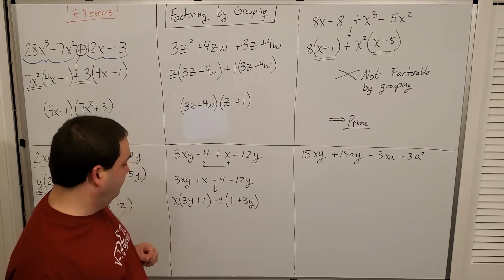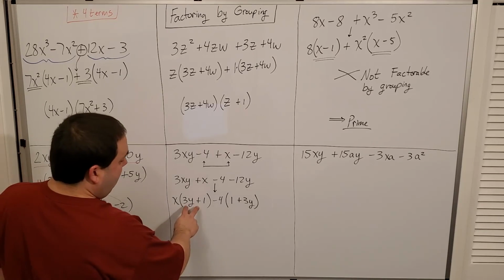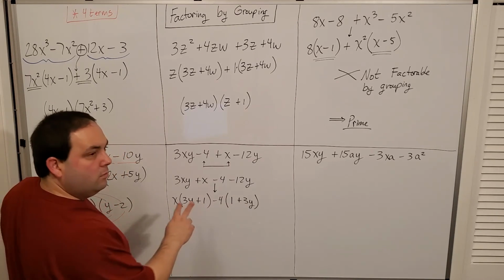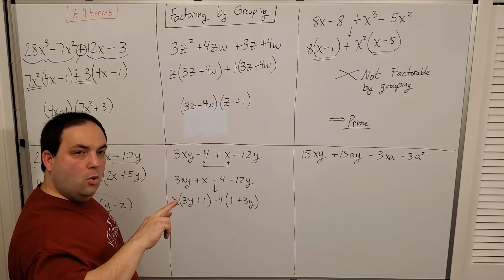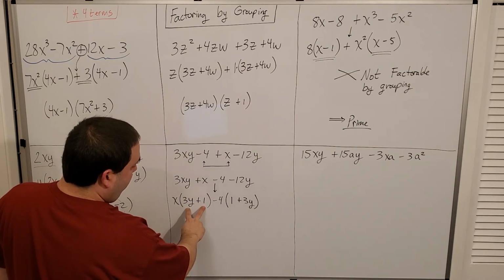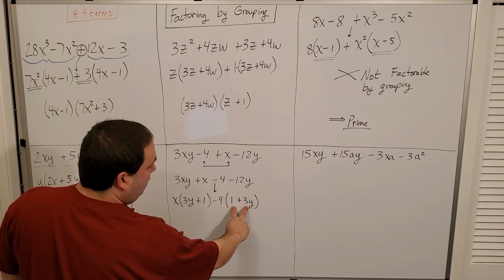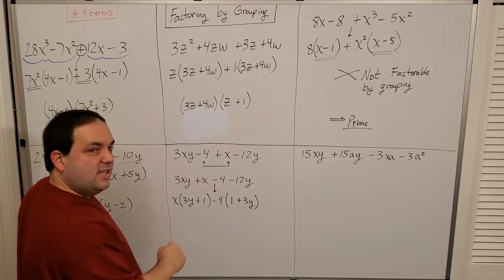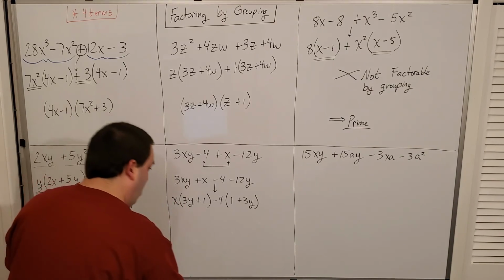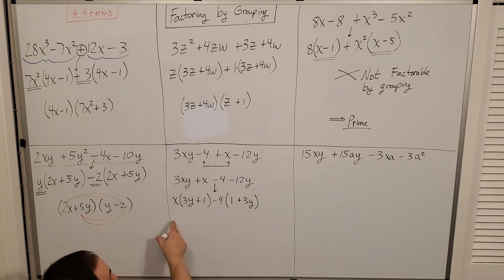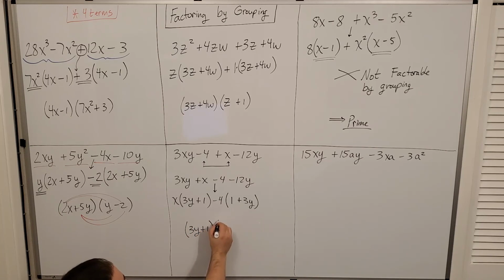That's important. Okay, they look slightly different, but remember, adding has that commutative property. You can add things in any order and it's the same thing. So 3y plus 1 and 1 plus 3y are actually the same binomial, just written in an opposite order. So it's okay to go ahead and factor those out. I can factor out the large grouping 3y plus 1, and I'll be left with x minus 4.